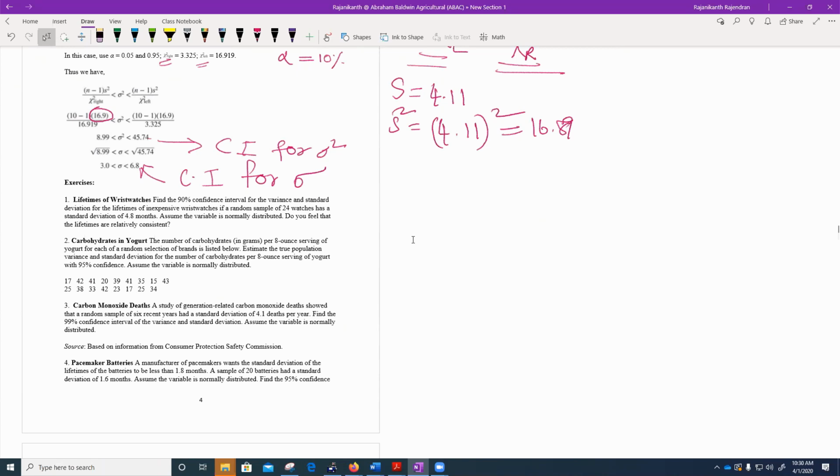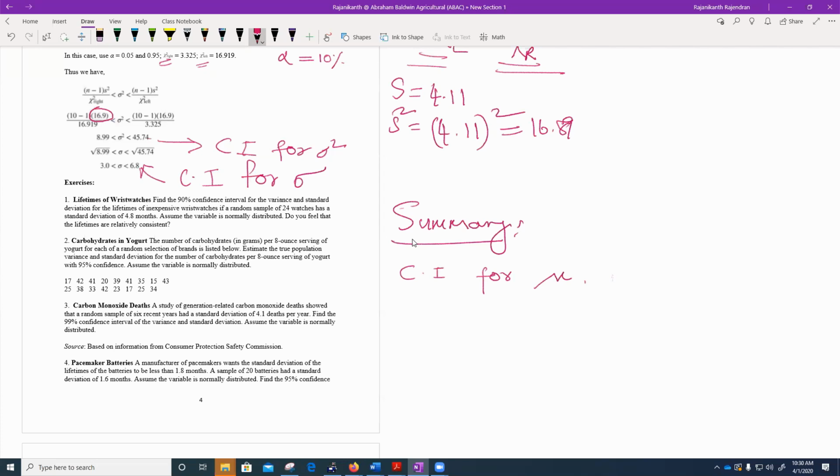Okay, so we are done with confidence interval, right? So for the summary, under this chapter 7, we had first the confidence interval for population mean, mu, right? There are two cases under here.